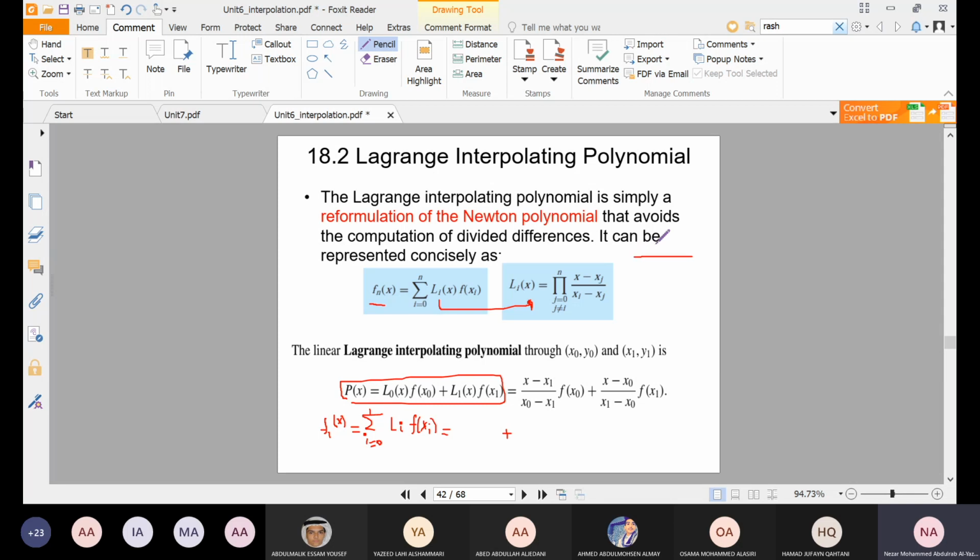So if we have a table of data like this one, so this is x0. So you have here the function value at x0. The value is given. It is y. If you have x1 here, so also the value at x1 is given. Okay, so after that, how can we compute L0? If you come to L0 here, L0, okay, so here I have i.